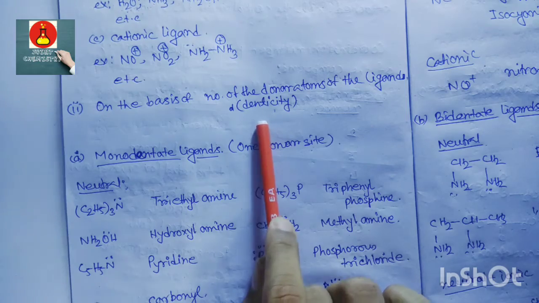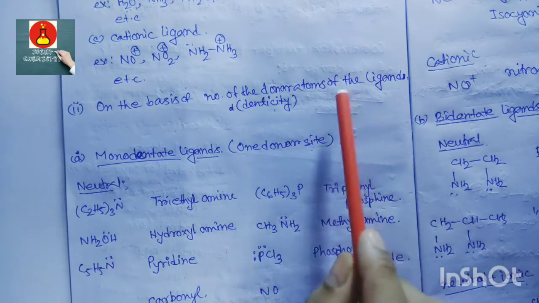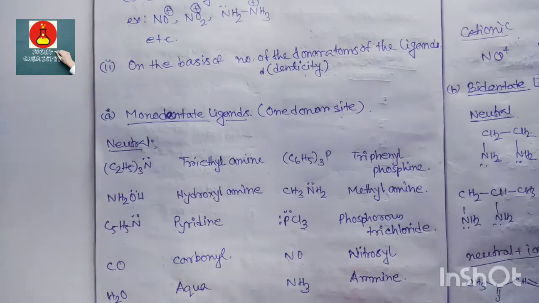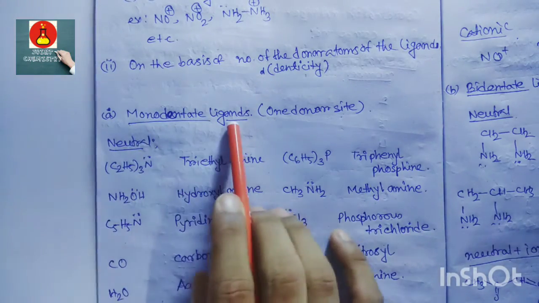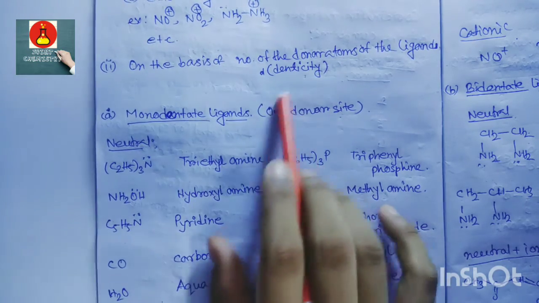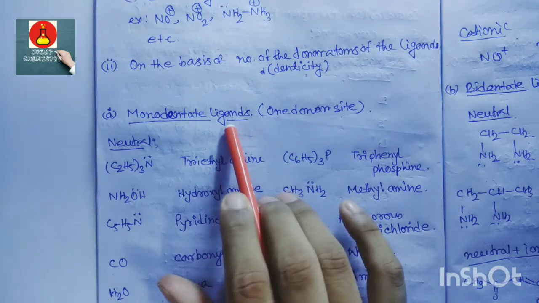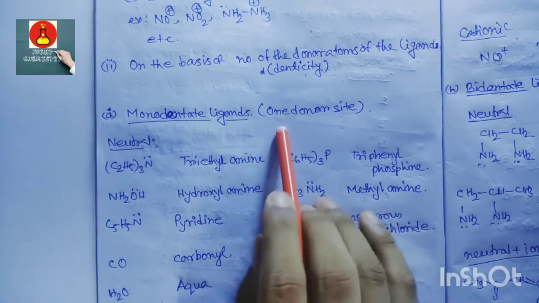So what is denticity? Denticity of the ligand is the number of donor atoms. At first, monodentate ligands. In case of monodentate ligands, it contains only one donor site. So the number of donor atoms in a monodentate ligand is 1.